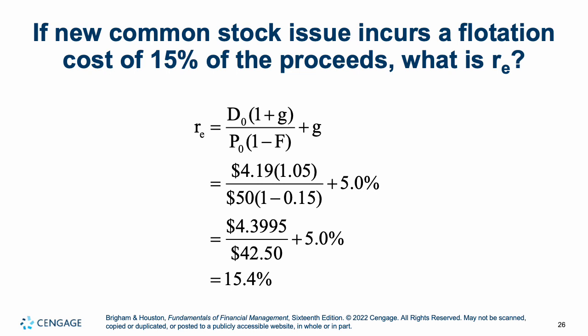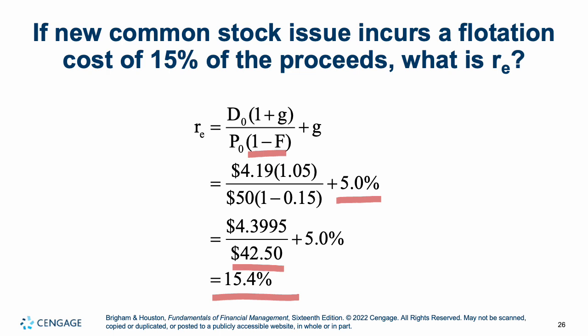Only price 0 is now being multiplied by 1 minus your flotation cost, or 1 minus 0.15, and then you add in your 5% growth rate, and it's now 15.4%. It went up. You're dividing by a smaller number. You're dividing by 42.50 instead of 50. So as a consequence, it goes up.